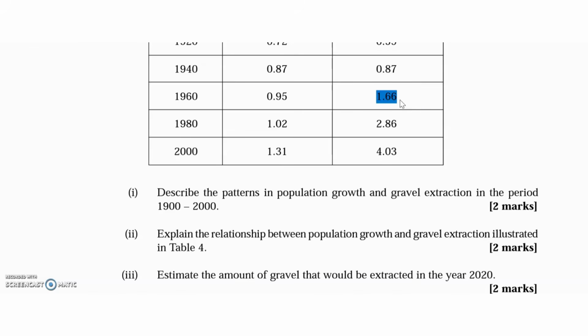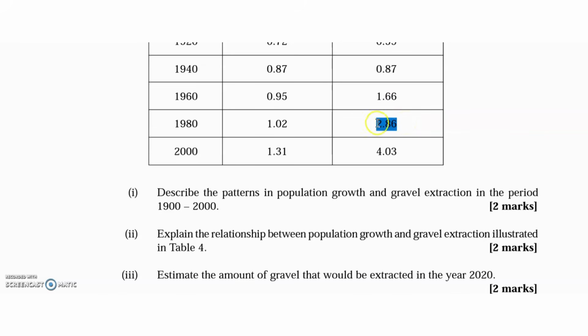From 1960, which is 1.66, it went up by 1.2, which is in fact 2.86 in the year 1980. So that increase was 1.2 thousand tons.